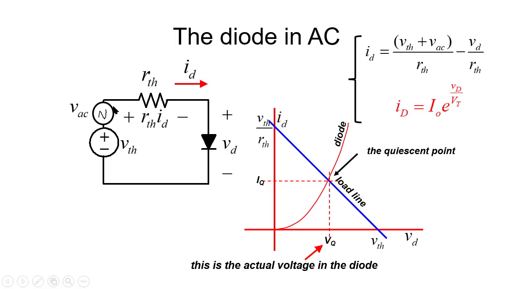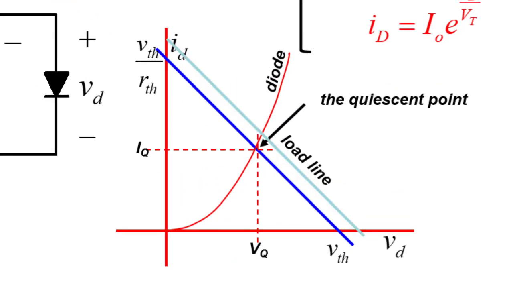Let's include now a small AC signal that is in series with a DC signal V Thevenin. Small? Yes, small in comparison with V Thevenin, the DC source. The effect of having that extra small additional voltage on top of V Thevenin will be the oscillation of that load line around the Q point, like that.